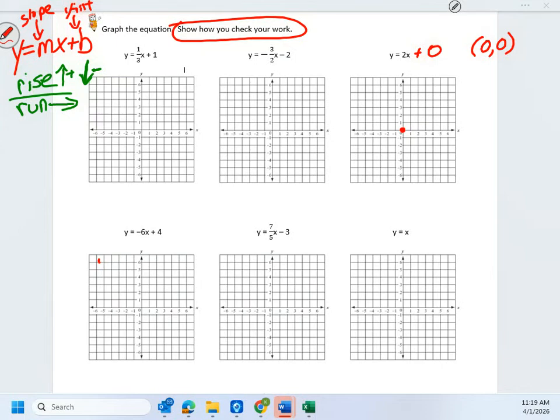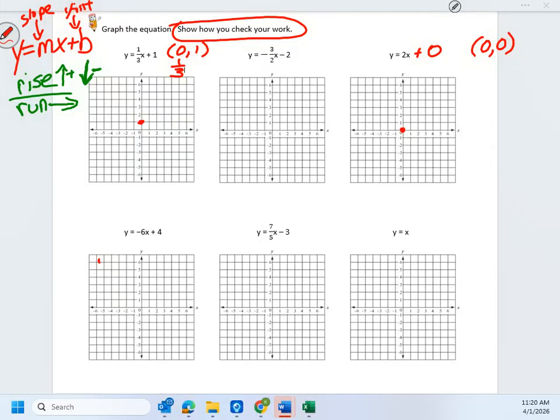What's the y-intercept? Finley? 0, 1. What's my slope? Elliot? 1/3. So now I'm going to go through my 3 steps. I'm going to graph my y-intercept, 0, 1.